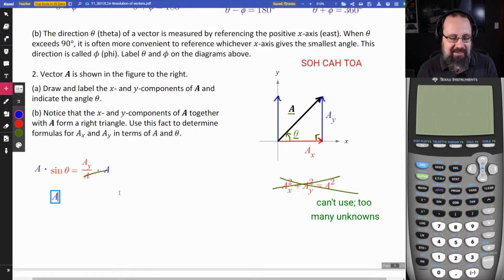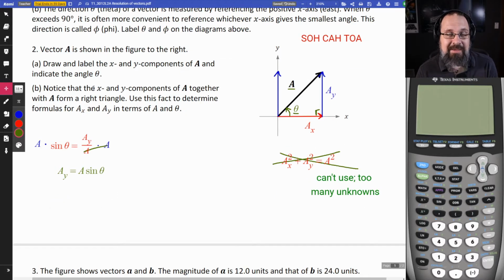I'll try this in green. What we'll get is that A subscript Y is equal to A sine theta. So if we're using just this traditional theta notation, then the vertical component of vector A is just the magnitude of vector A times the sine of the angle.